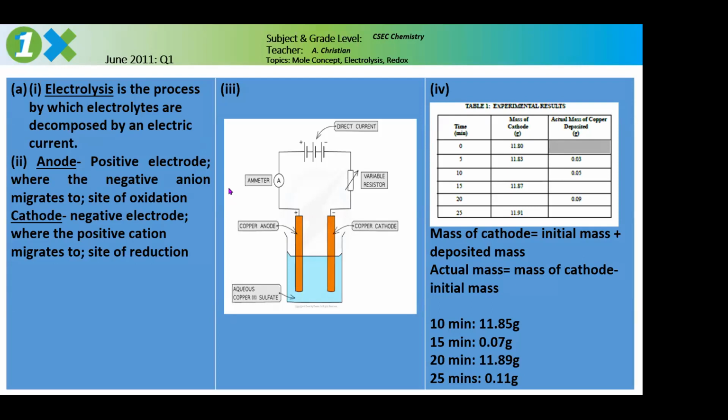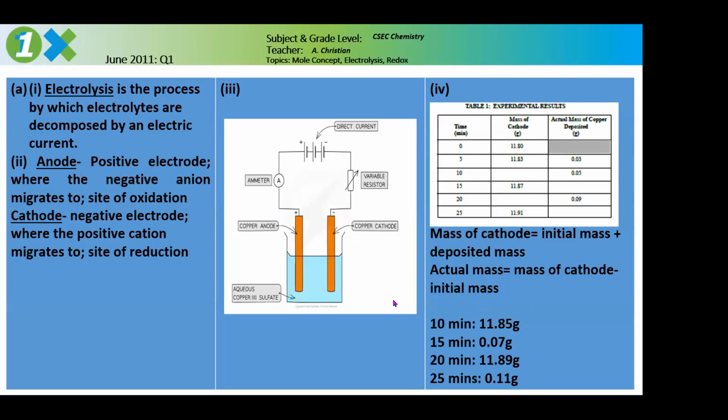It's easy to know that if there's a positive cation moving towards the cathode, it therefore means it is a metal. And there's only one metal in this electrolyte. What is that metal? Copper. The ion. Which copper?